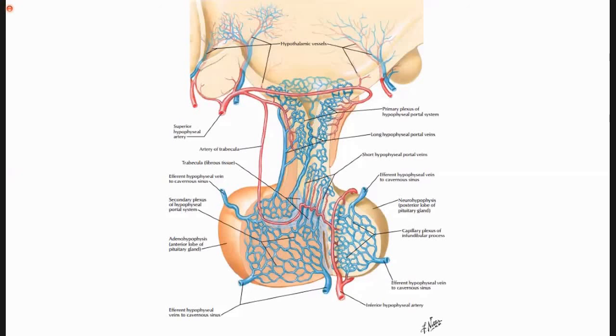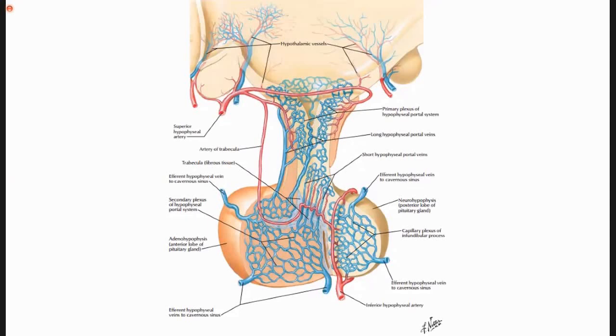Chromophils are the cells mainly responsible for secretion. Chromophobes are about 50% of the cells over there, and of the chromophils, 35% are acidophils, that is, they are stained with eosin, and 15% are basophils, which are stained with hematoxylin.